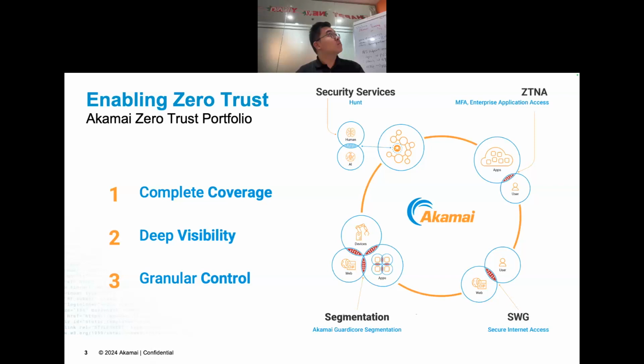If you still remember the slide where we have a big circle with Zero Trust, application security and infrastructure security, the segmentation falls under the left-hand side, the Zero Trust security. So our microsegmentation solution is just one part of the entire Zero Trust. As you can see, we still have other products like ZTNA, Enterprise Application Access (MFA), and also Secure Internet Access. But for today's focus, I'm just going to cover segmentation.